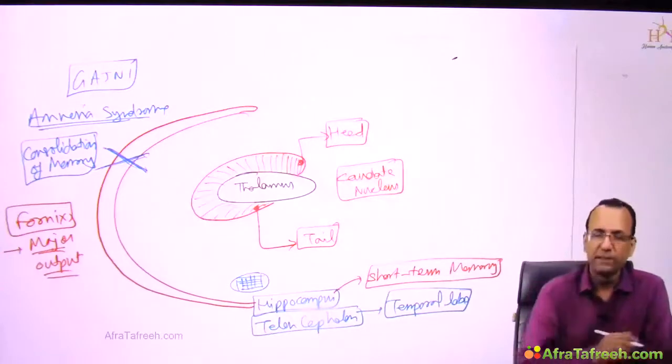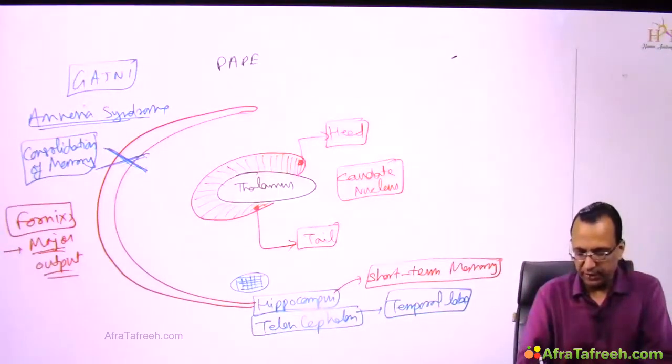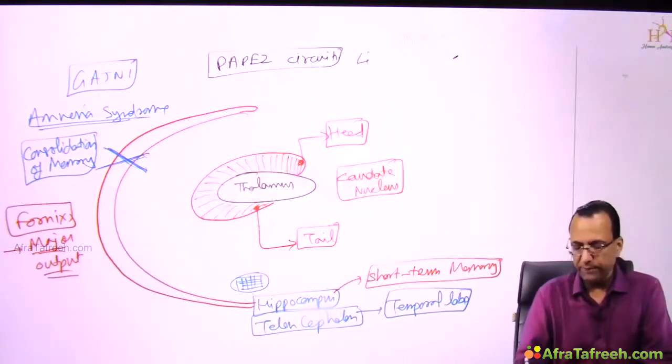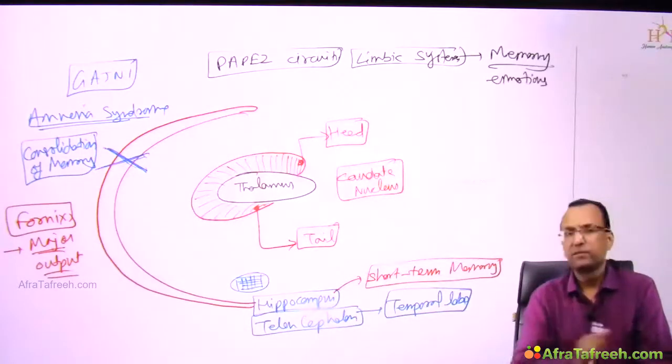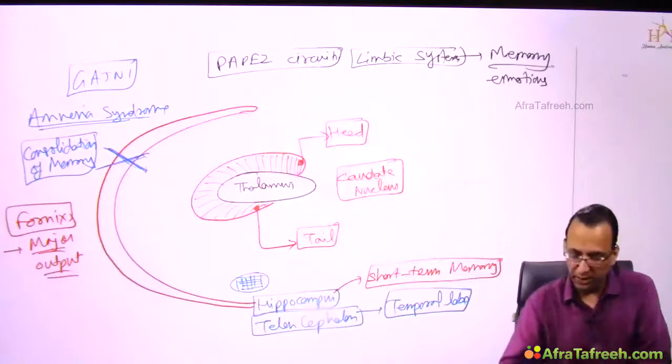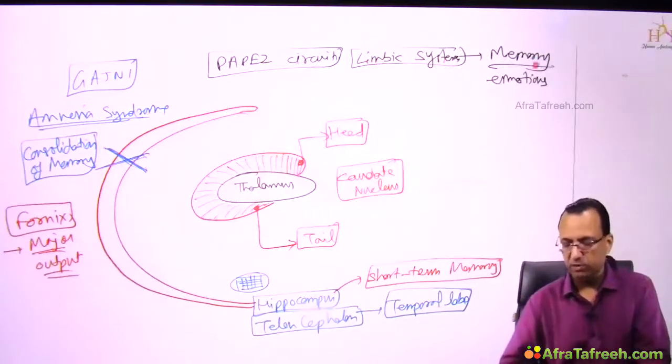It's a part of Papez circuit, which itself is a part of the limbic system. And this limbic system is involved with memory and also the emotions. We have discussed this earlier.